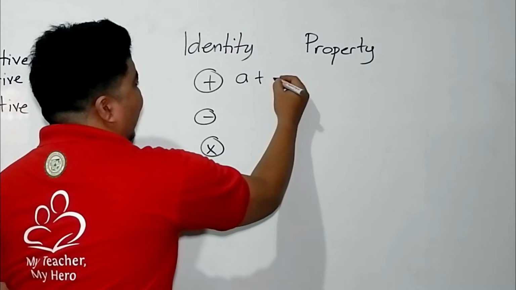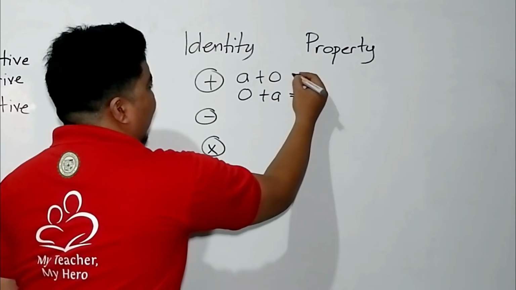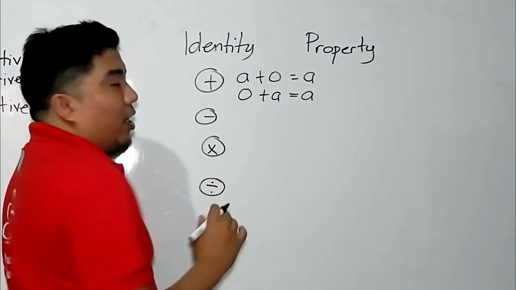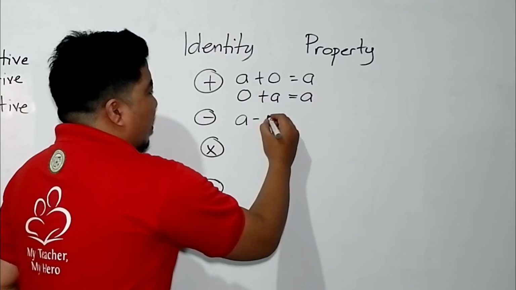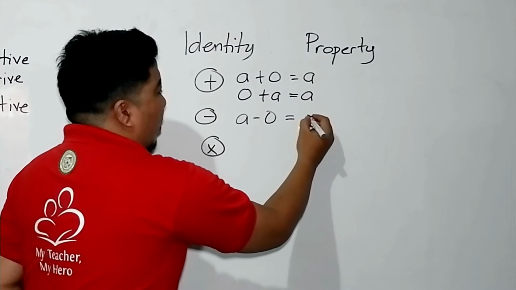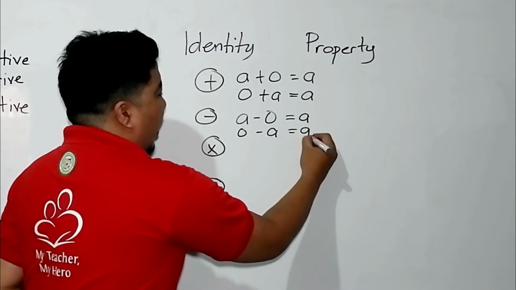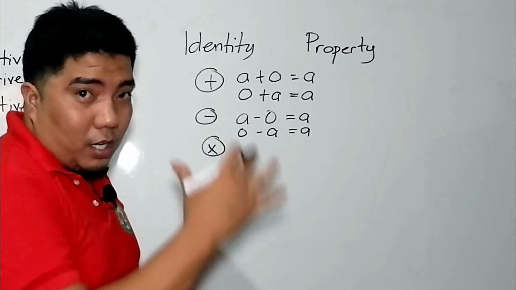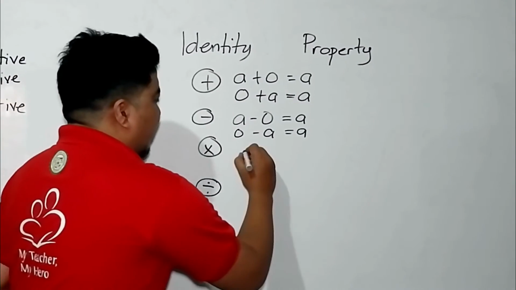A plus 0 or 0 plus A, the answer is still the identity of that number, which is A. A minus 0 is equal to A, or 0 minus A is equal to A. We will check later whether the statements are true for all operations.